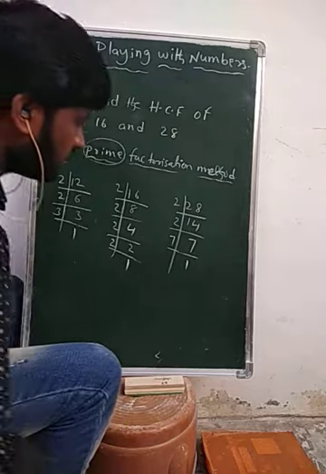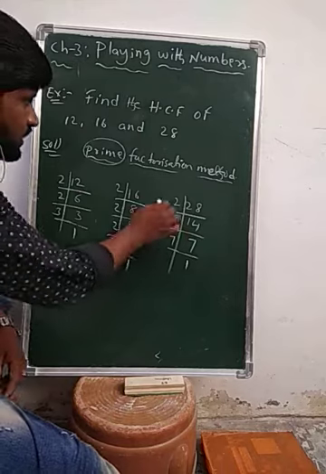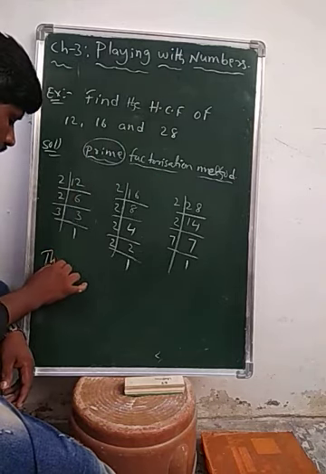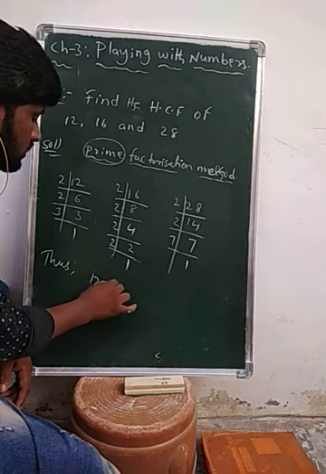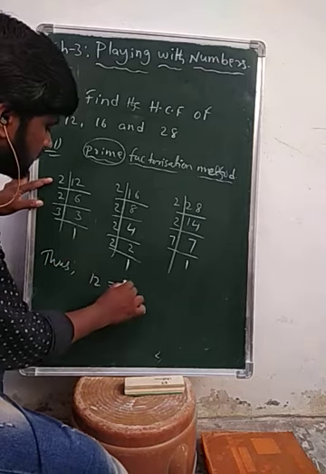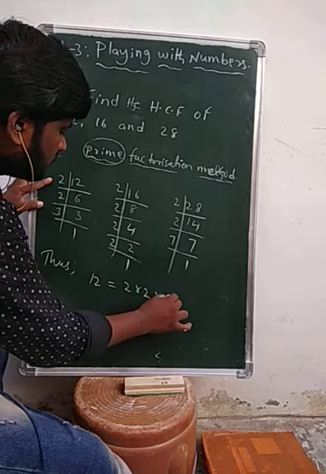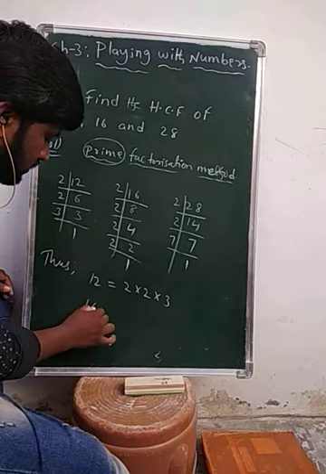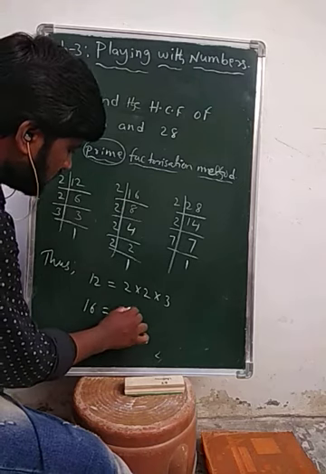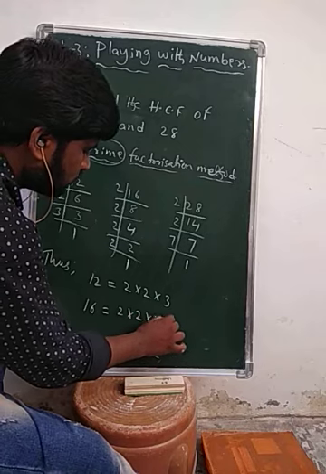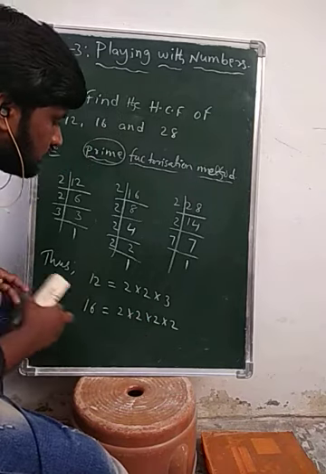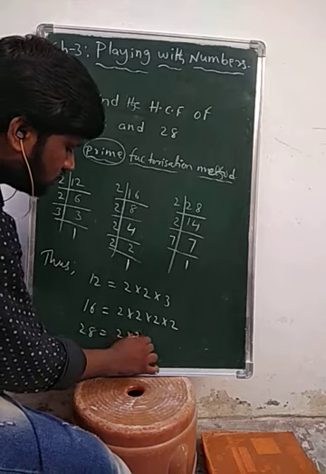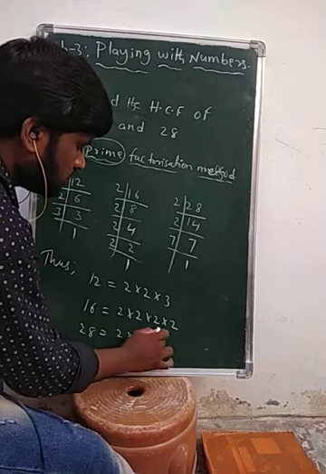So now I am finding the HCF of these three numbers. You observe carefully. 12 we can express as 2 into 2 into 3, 16 as 2 into 2 into 2 into 2, and 28 as 2 into 2 into 7.